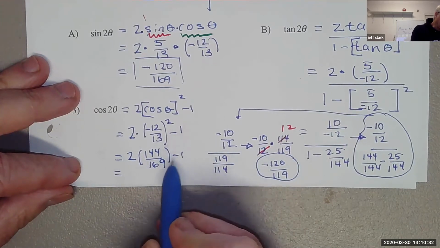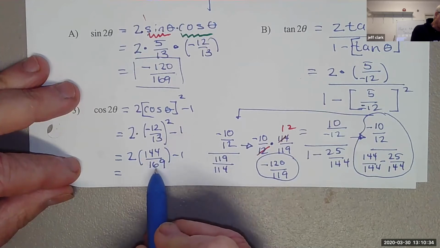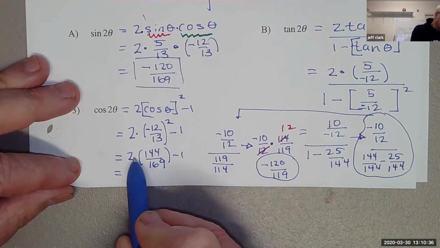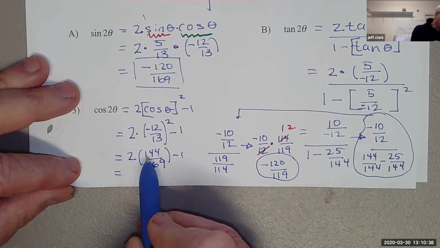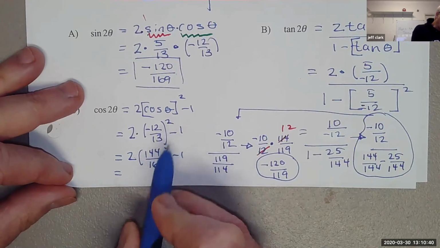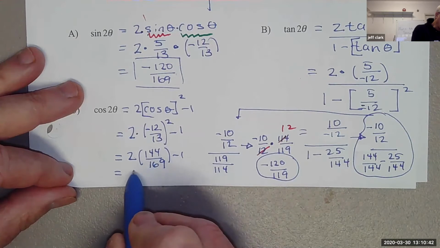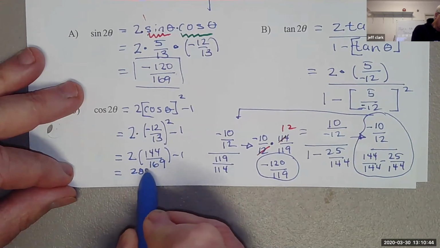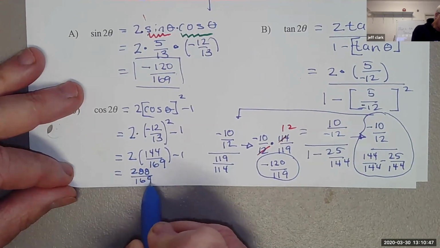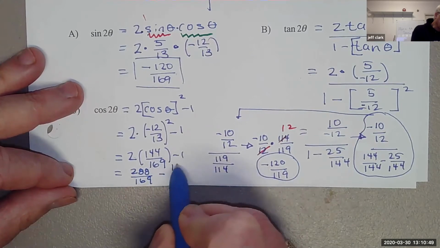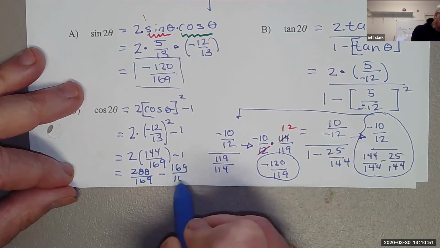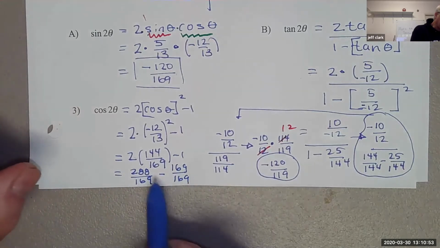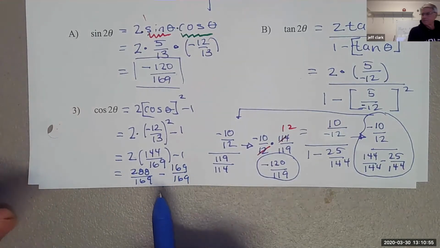Okay, let's see. Nothing reduces here that I'm aware of, so I'll multiply straight across. That would give me 288 minus 169 over 169, and then 288 minus 169.